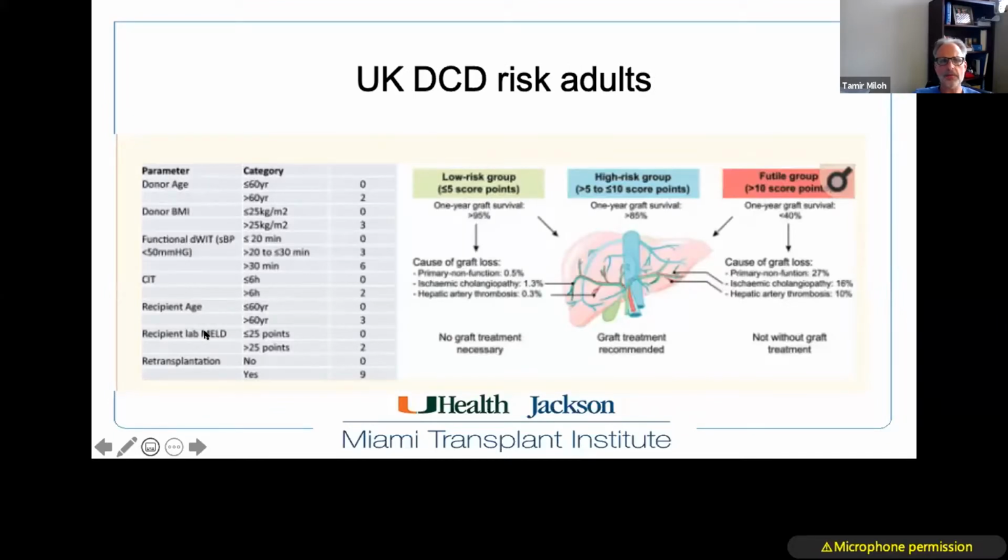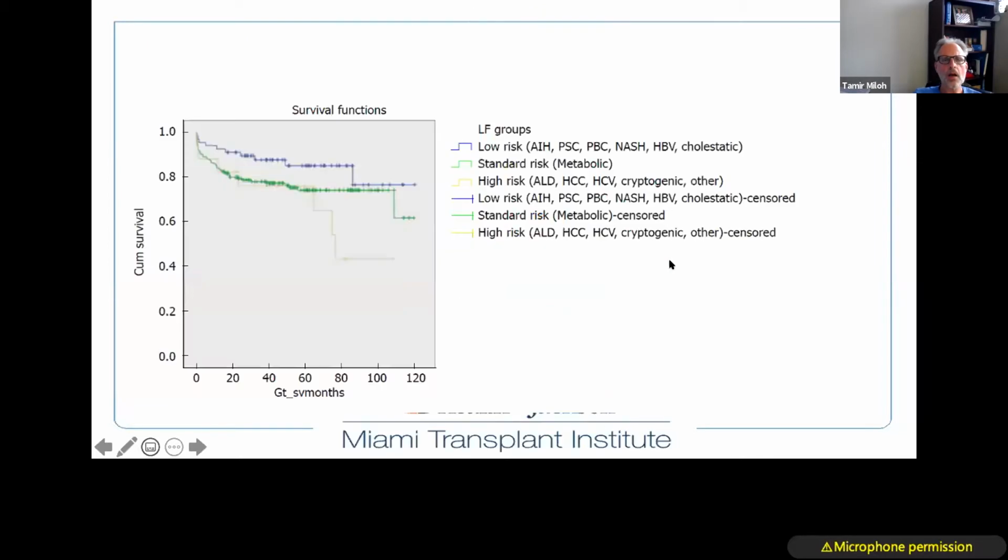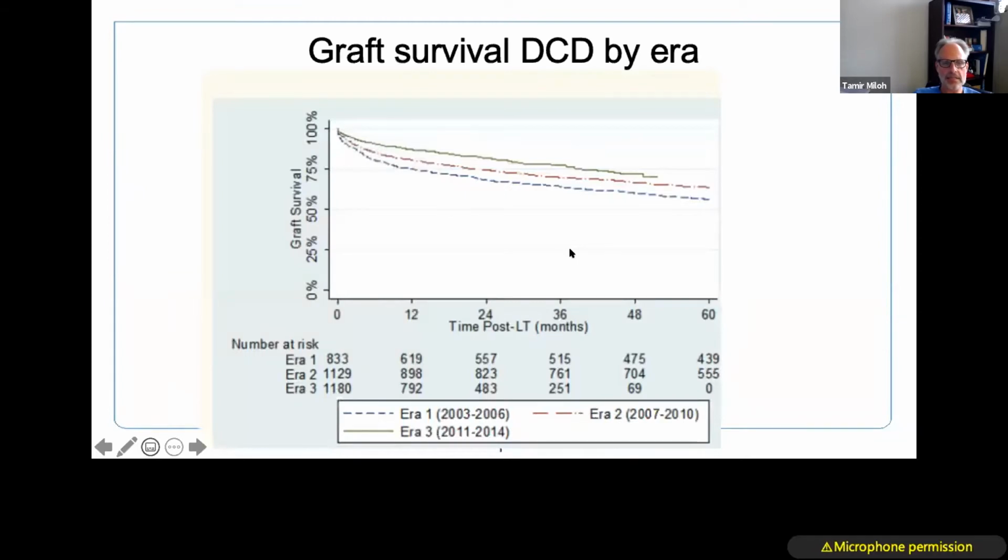They've stratified the risk for DCD into low risk, moderate risk and high risk, and it also depends on the disease. Just again for time's sake, patients who relatively have lower risk when receiving a DCD are patients with autoimmune disease or NASH, and patients with the highest risk are patients with HCC, hepatitis C, and alcoholic liver disease.